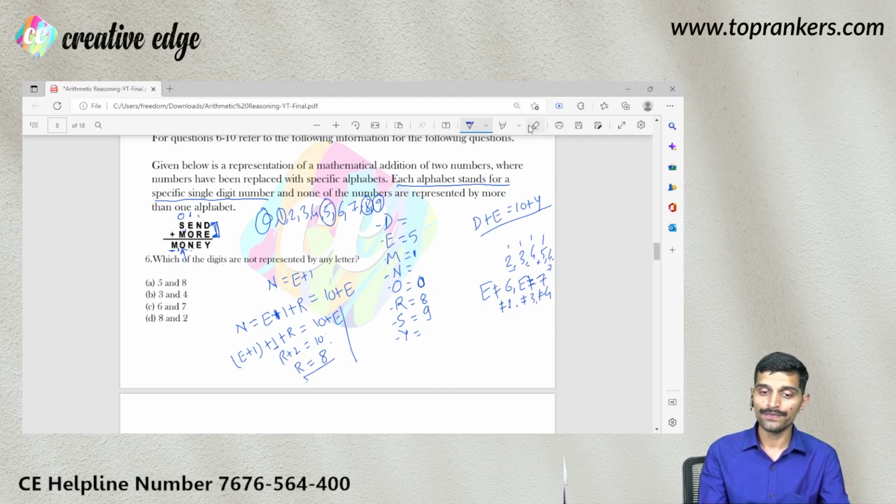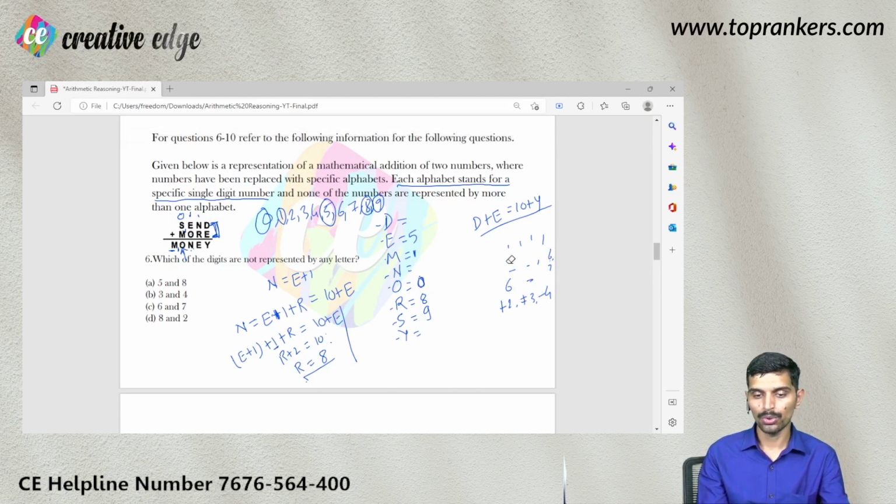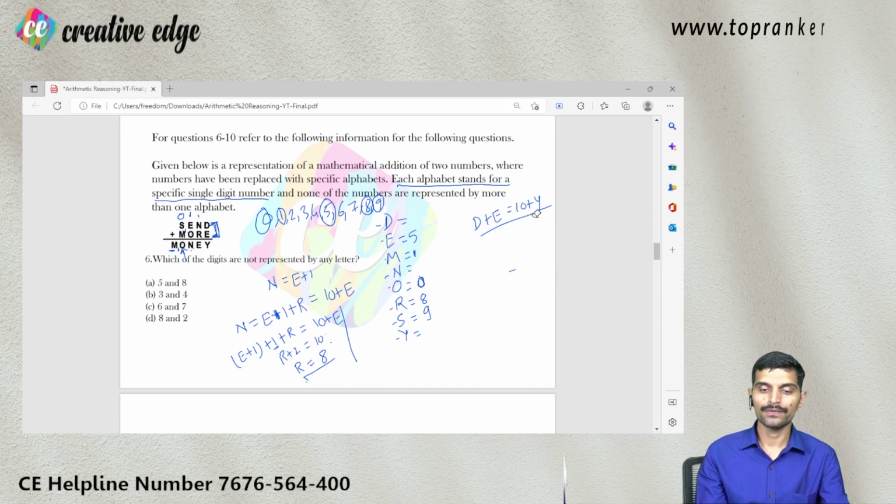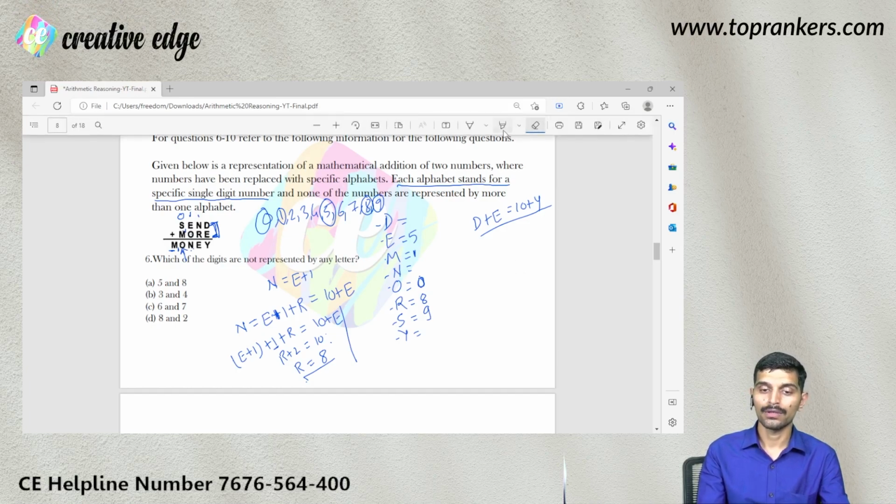So if E is 5, it is known to us, then what could be the value of D? If E is 5, I can definitely say N is equal to 6 from this part, right?